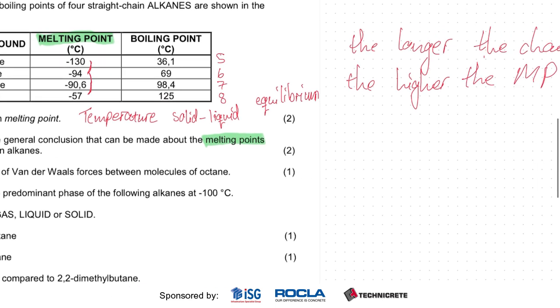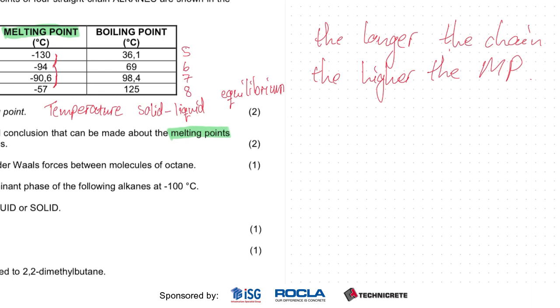You could say surface area as well. Surface area is actually the true reason why, because the longer molecules have a higher surface area, which means they have more contact points for stronger intermolecular forces, or they have a higher cumulative effect from intermolecular forces. So that is the real reason why we see the increase in melting points.